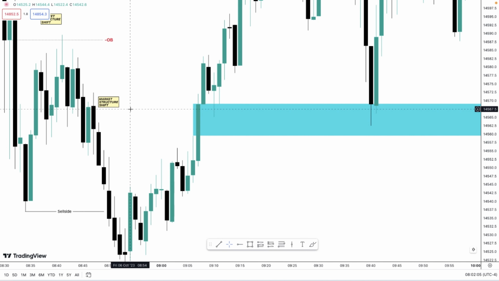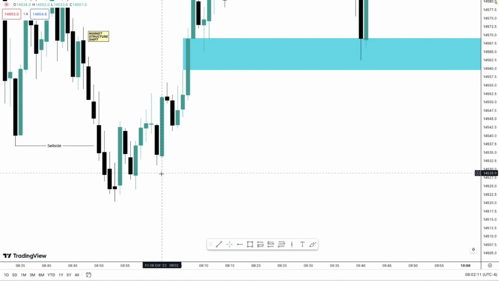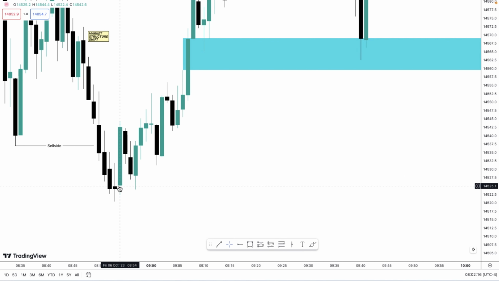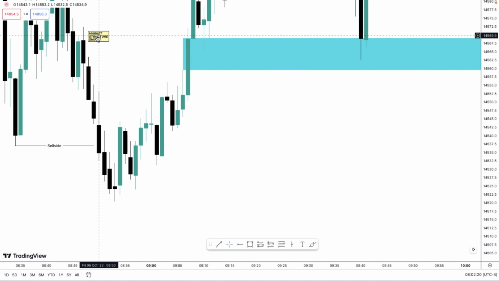So if a swing low is taken, that's a smart money confirmation of a sell program. You can see the buy program started as soon as this candle opened, but this swing high, that's when it was confirmed, on a basic level.